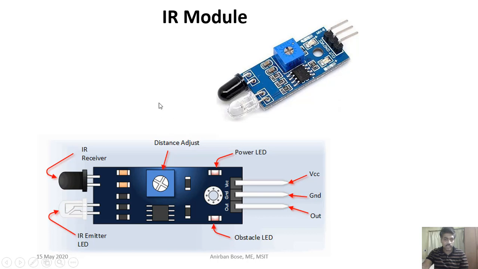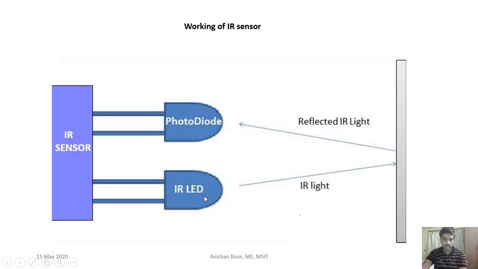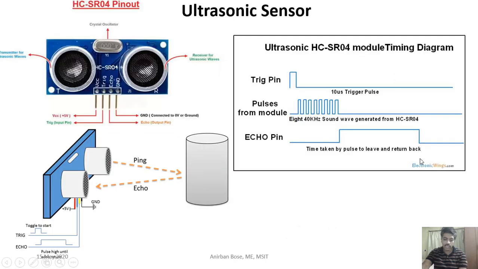Okay, so this is the principle. The infrared light is obstructed by some object and comes back to the photodiode, which sends it to the Arduino, and accordingly certain actions can be taken. So this can be used to identify obstacles, or for line follower robots.